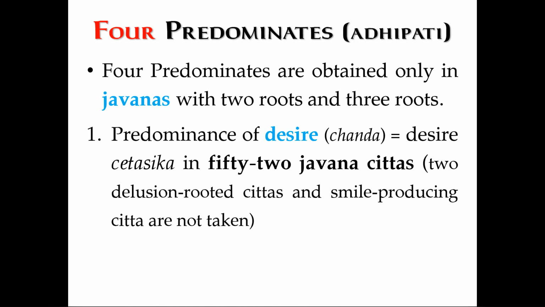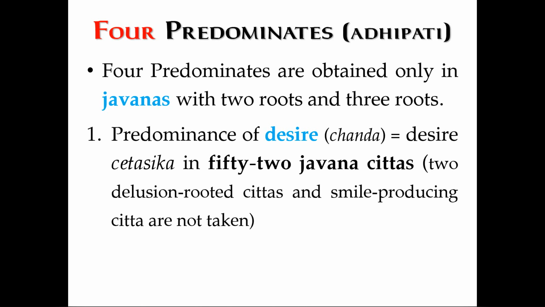It is predominant, a very strong one. For that reason, according to Abhidhamma, predominance of desire is the desire cetasika in 52 javana chetas. Actually, we have 55 javana chetas.